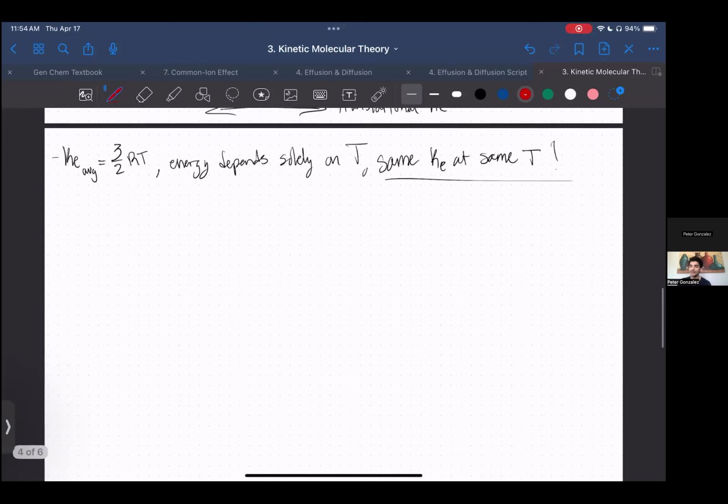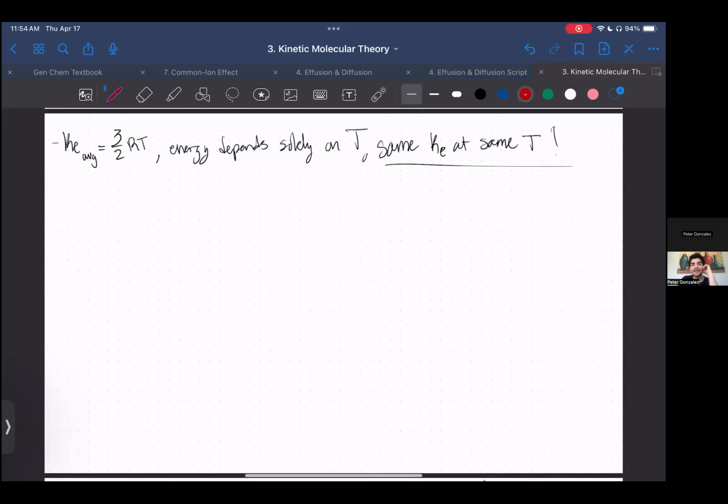And this is really the only main equation that matters for kinetic molecular theory. It comes up again in thermodynamics, which is really cool. But it's basically just that your kinetic energy is 3/2 RT, which again makes sense.